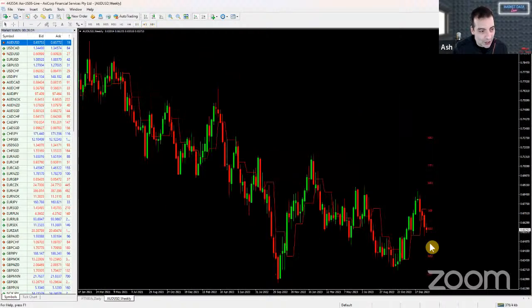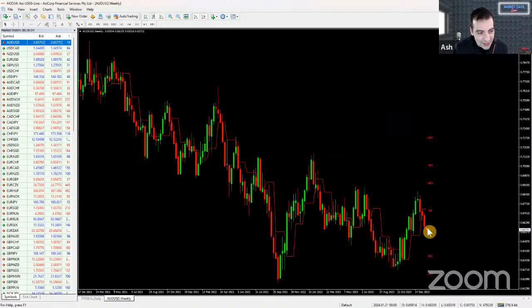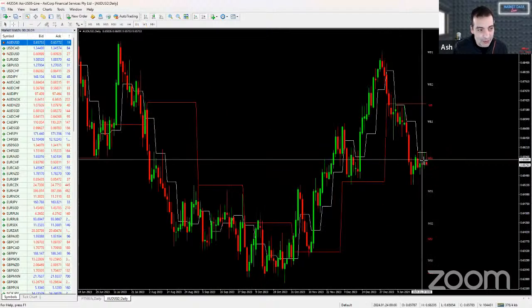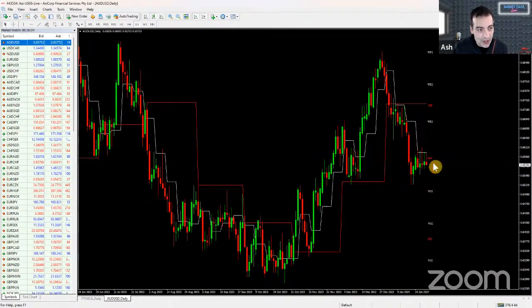You look at the weekly chart as well, we are on support, maybe a bit of indecision towards the end of last week, but there could be a little bit further to go down here, or at least some continued bottoming out in this area. So even though the Aussie is not necessarily a good short because of it being closer to support, it's not a long. I wouldn't want to go long on the Aussie next week either.